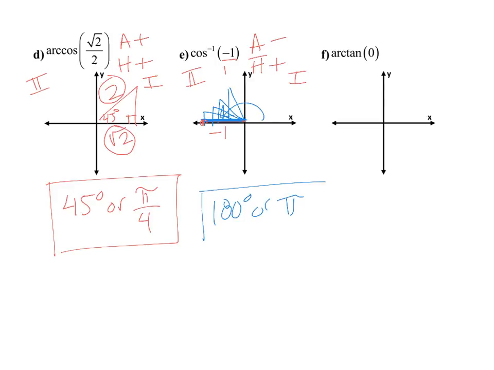Done with that one. Next one is inverse tangent of 0. So you have 0 over 1, and tangent is opposite over adjacent. And with tangent, we're only working in quadrants 1 and 4.